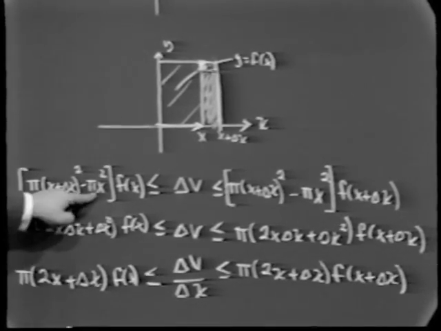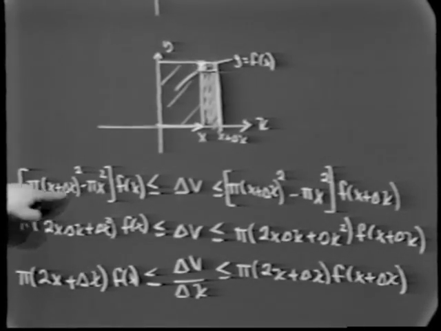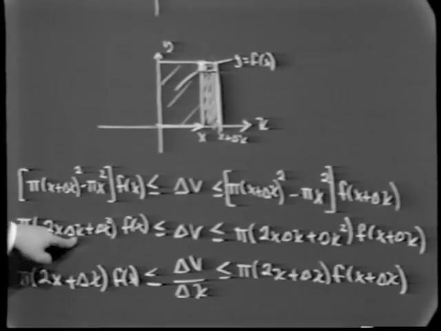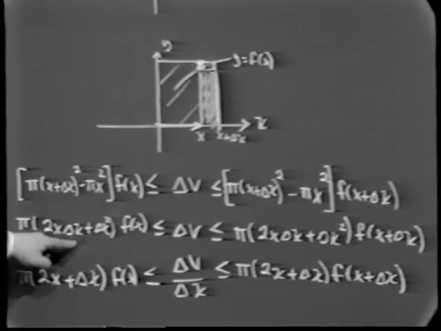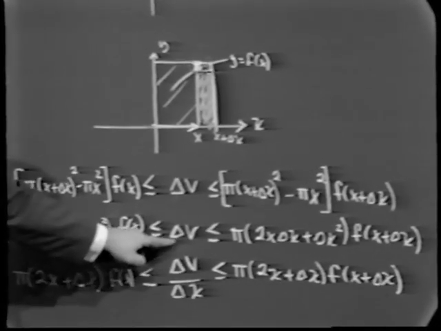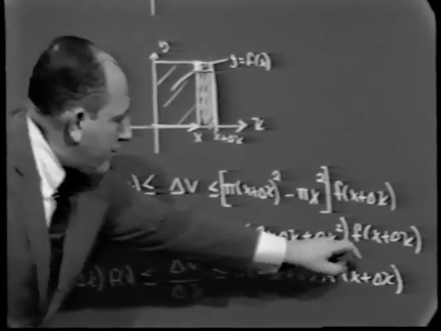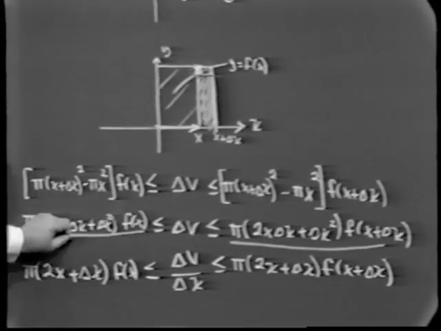By the way, notice how the bracketed expression simplifies. The pi x squared here cancels with a pi x squared here, leaving inside the parentheses just 2x delta x plus delta x squared. In other words, simplifying this, I can now show that delta v is caught between these two expressions. This expression here, which is too big, and this expression here, which is too small.